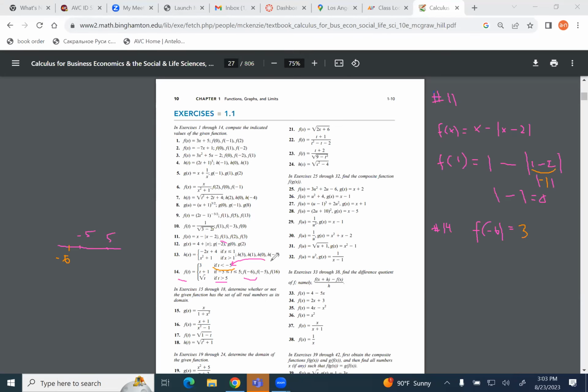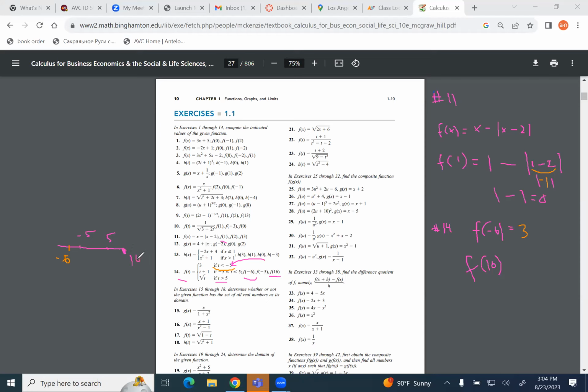How about the last one, f of 16? F of 16. Well, I just need to put 16 instead of letter t and see where we have to take that 16 from, right?